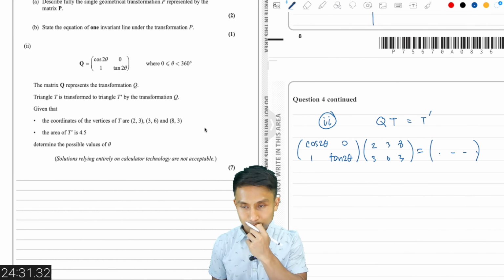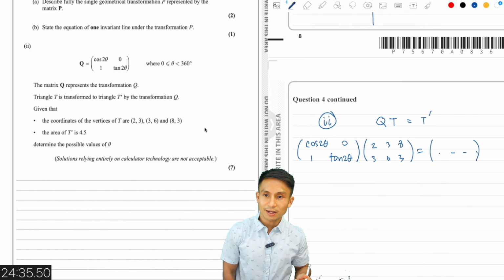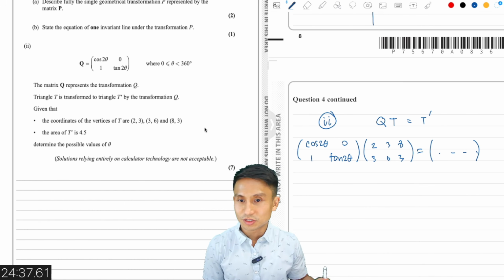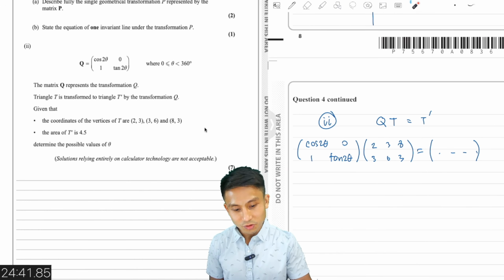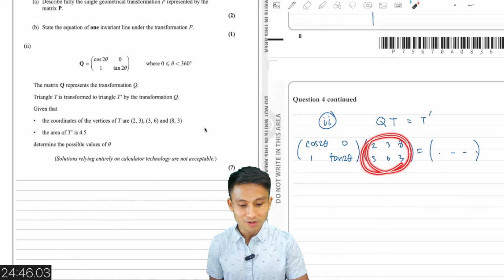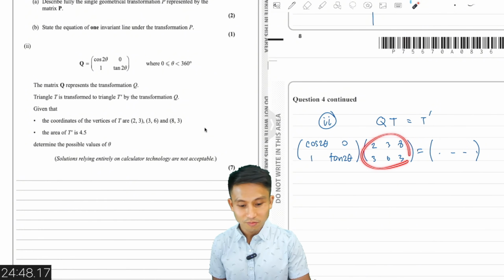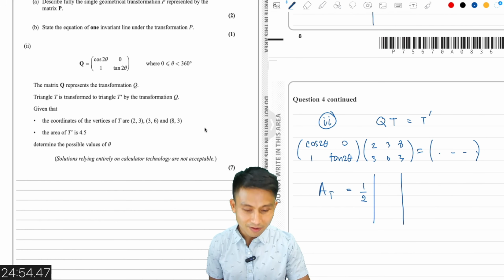Okay, now because we know the area of T prime, I think the way to go with this is to use determinant. Well, it's not exactly determinant because you can't find the determinant of a non-square matrix here, but let's find the area of T. So that is by doing 1/2 and kind of like the determinant way.